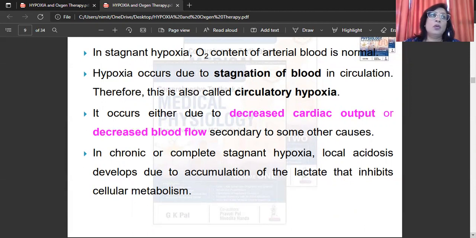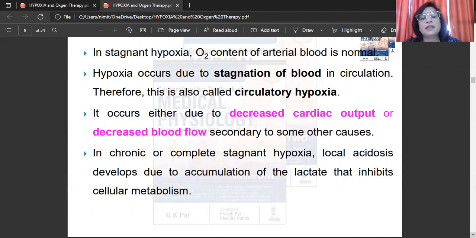It occurs either due to decreased cardiac output or decreased blood flow secondary to some other cause.